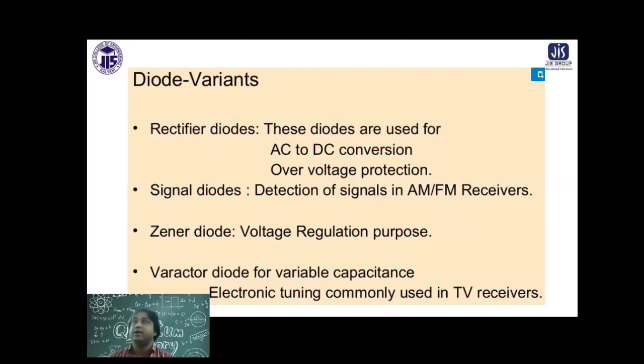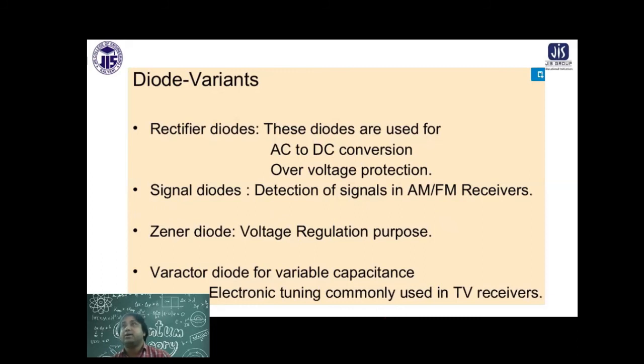Those things will come. Now, diodes can be used for a variety of purposes. Diodes may be rectifier diodes, which, as I mentioned, conduct in forward bias and block in reverse bias, like a valve, used for AC to DC conversion. Signal diodes are used for detection in analog communication, in amplitude and frequency modulation receivers. A Zener diode acts as a voltage regulator.